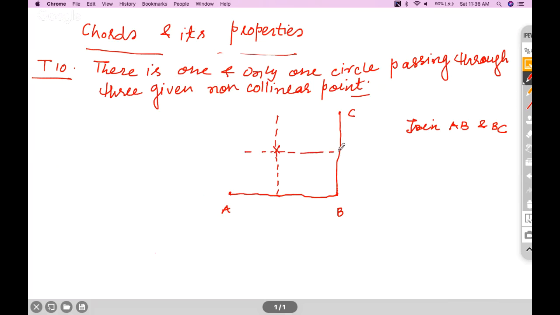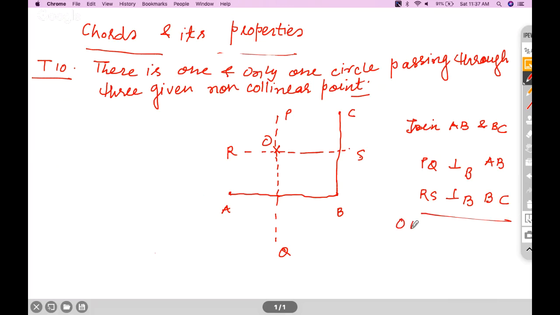So perpendicular bisectors of AB and BC will intersect at point O. Suppose this is PQ and this is RS, and PQ is perpendicular bisector of AB and RS is perpendicular bisector of BC.